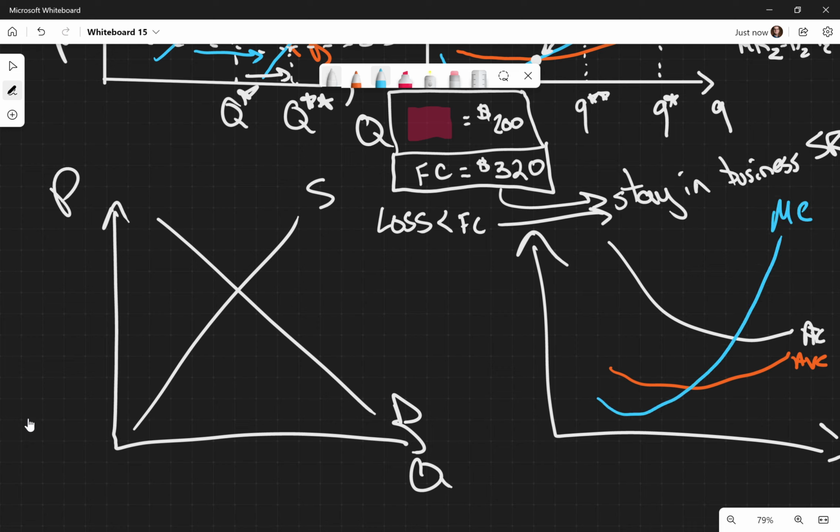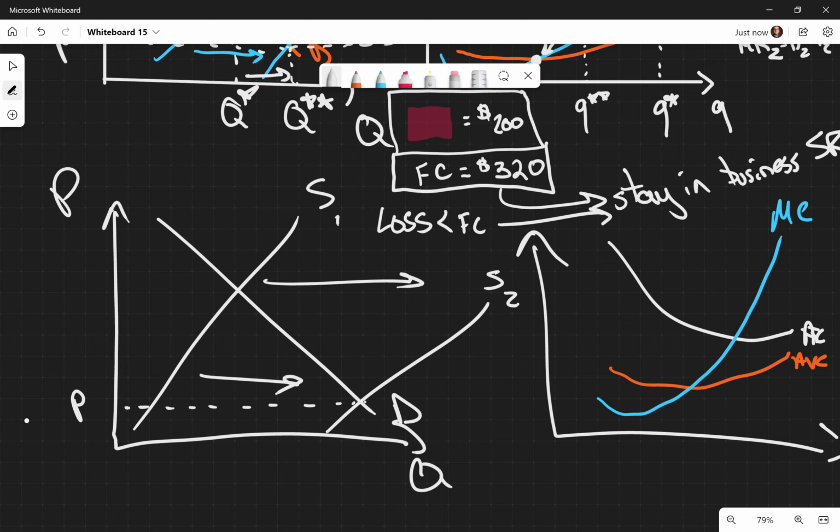If we had a situation where the supply started out here and shifted out tremendously, so that our new equilibrium price is all the way down here, now we're going to have a marginal revenue curve that is completely below my average variable cost curve, right?